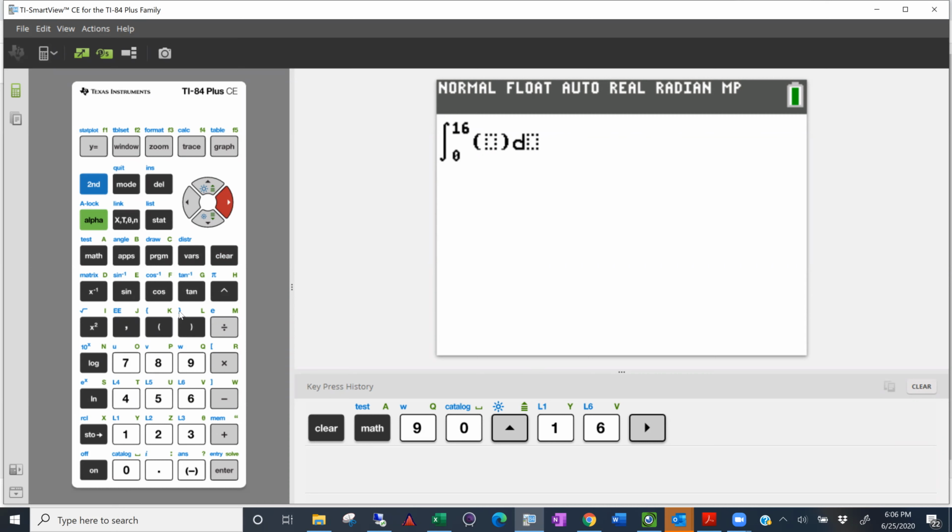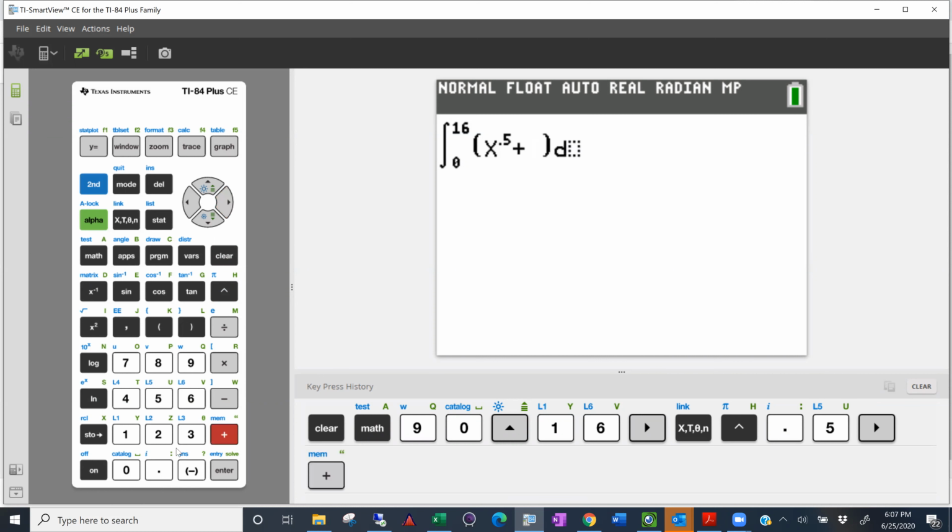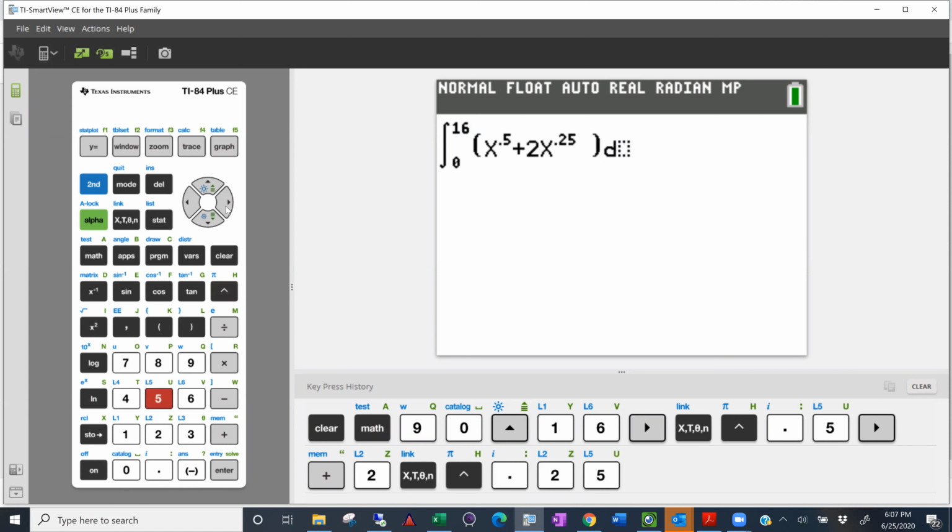Then I want x raised to the 0.5. You could type in the square root of x. That's fine as well. It's just easier to type in 0.5 plus 2x raised to the 0.25. I'm just taking advantage of decimals here. And you have to tell it what you're integrating with respect to.